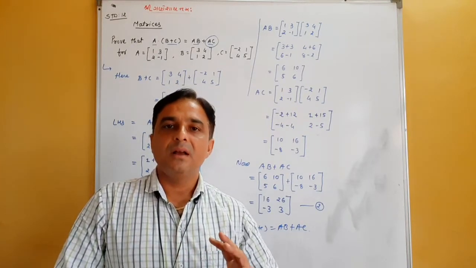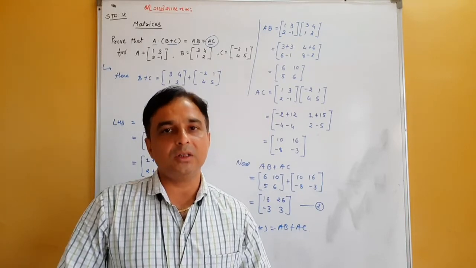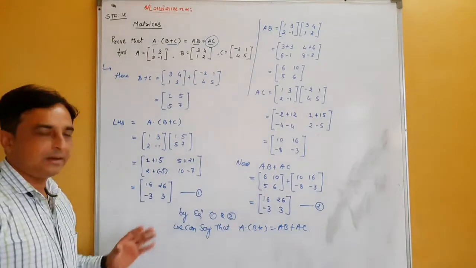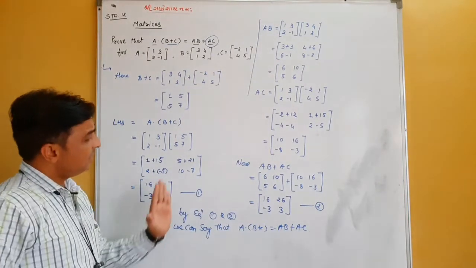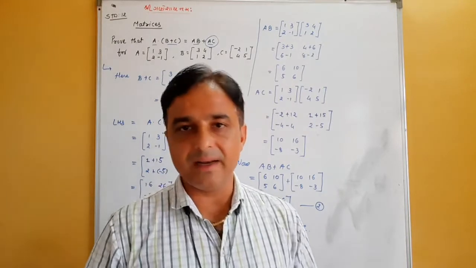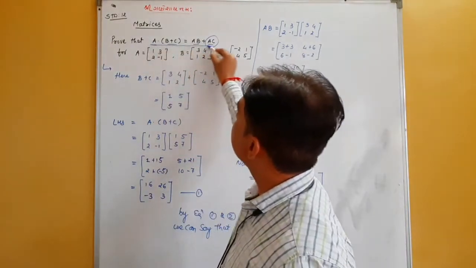That means they will be square matrices, 2 by 2 or 3 by 3, like that. Got it? Find left hand side and right hand side, then compare. Both are equal, which means what we have to prove is satisfied.